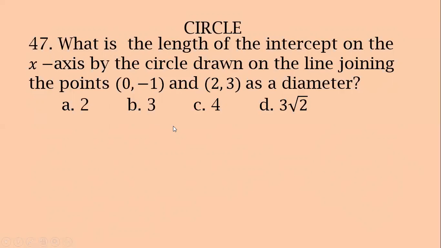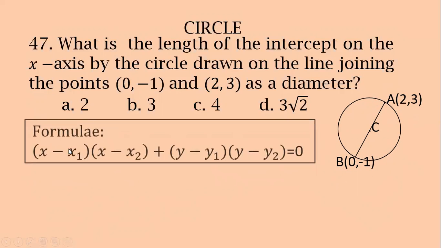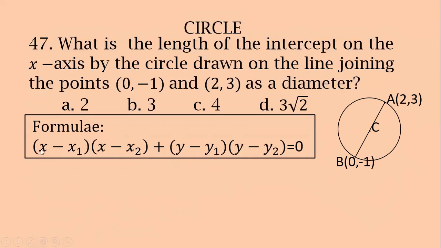Okay, let us find the equation first. These are the points. Applying this formula, (x minus x1)(x minus x2) plus (y minus y1)(y minus y2) equals 0. So this is x1, this is x2, this is y1, this is y2.